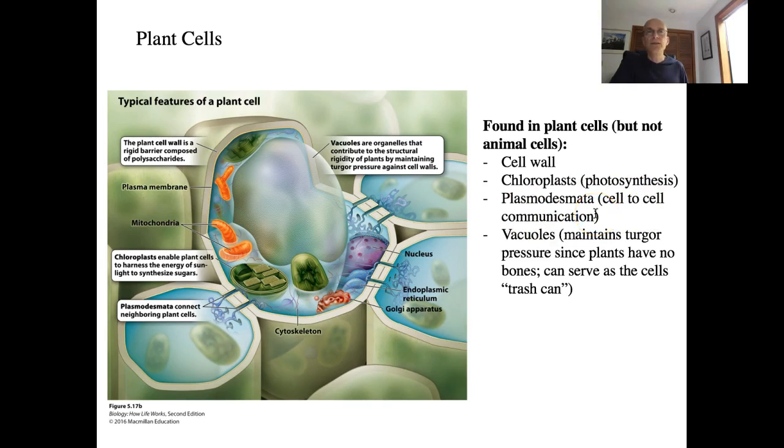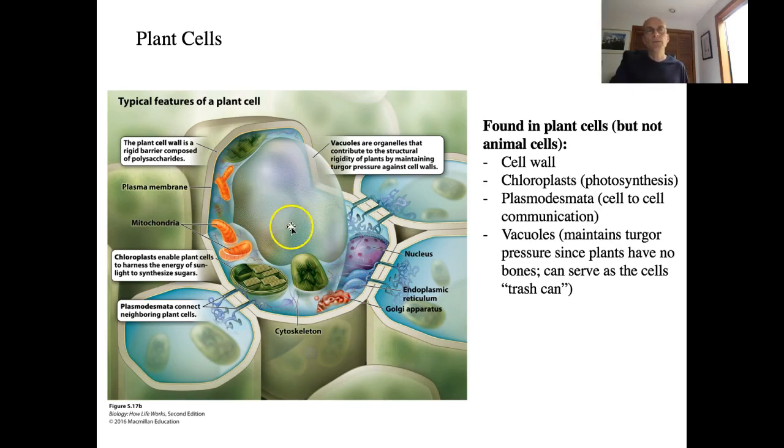And then another thing that's found in plants that's not found in animals are the vacuoles. And there's a central vacuole, and there are also some smaller vacuoles inside a plant cell. Vacuoles are filled with liquid, and so they can maintain the turgor pressure, as it's called, the pressure that's inside the cell that's sort of pressing outwards to give the cell its ability to stand up if it doesn't have a skeleton or a woody stem.